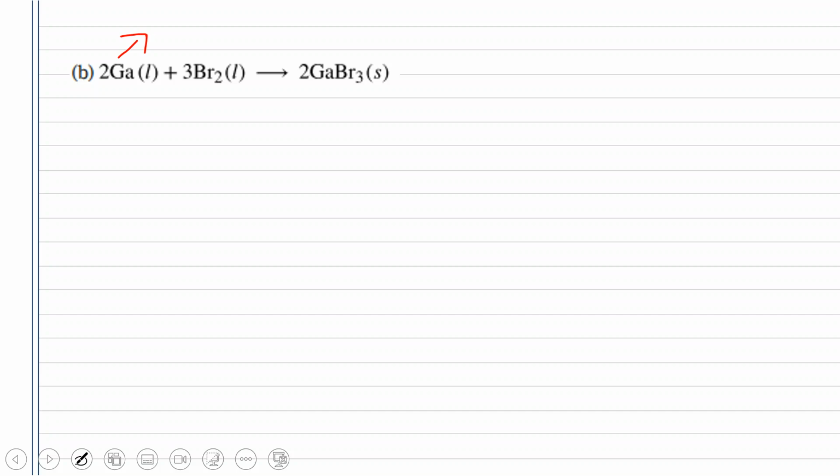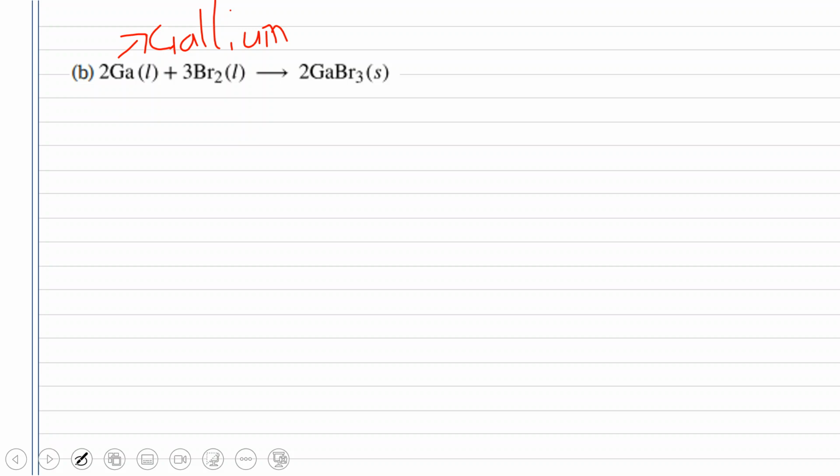Well, look on your periodic table, you're going to see a name like this. Gallium. If you see this, that's the name. Gallium, I don't know how you want to pronounce it, but that's the name of that element.